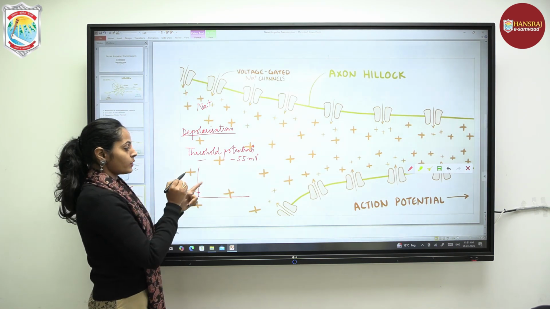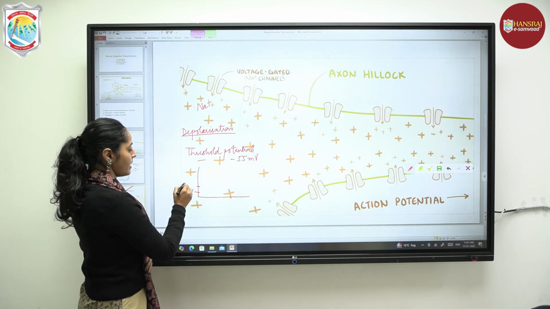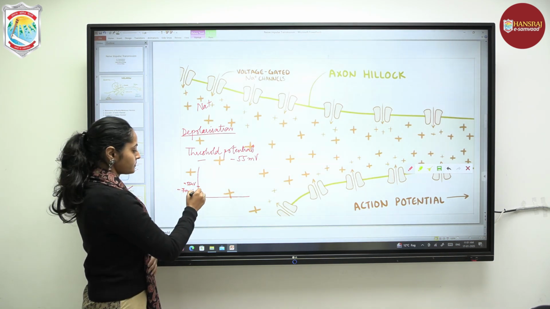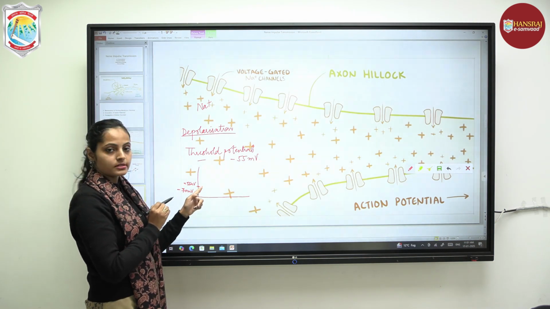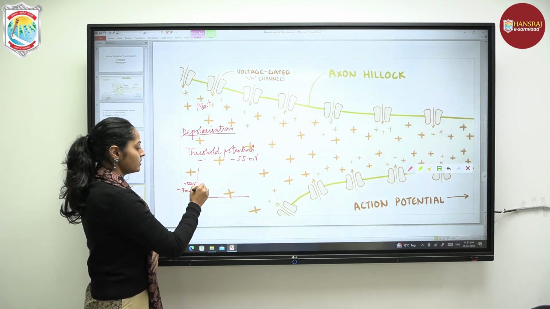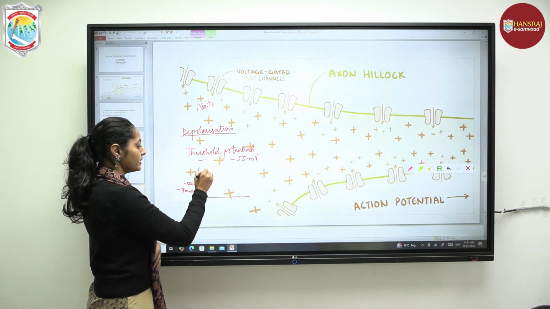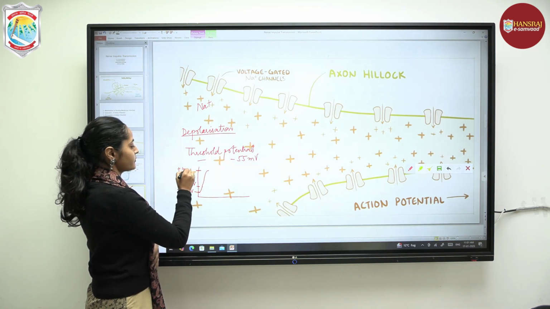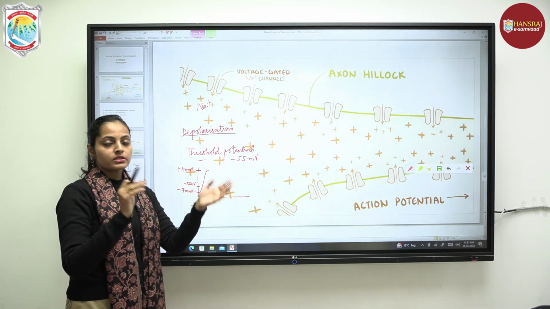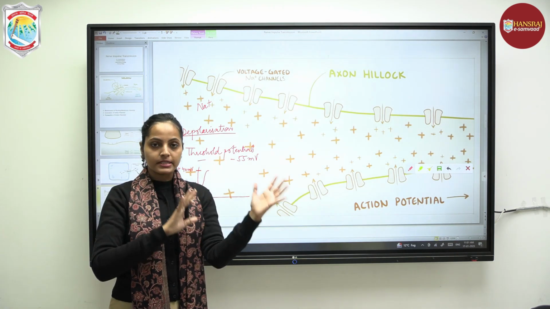Then for it to reach the action potential, it must first reach minus 55 millivolt. We start from here, we reach here. Once it has crossed the threshold value, the nerve impulse will fire and it will reach the maximum value, which is plus 40 millivolt. So this follows the all or none principle.